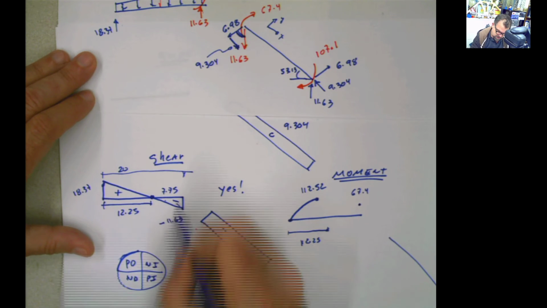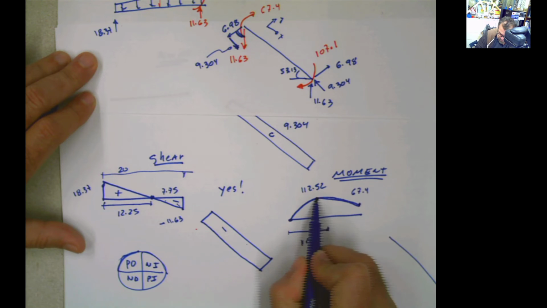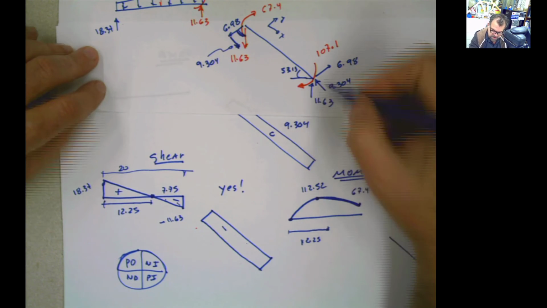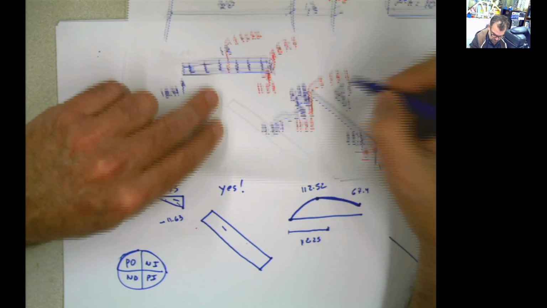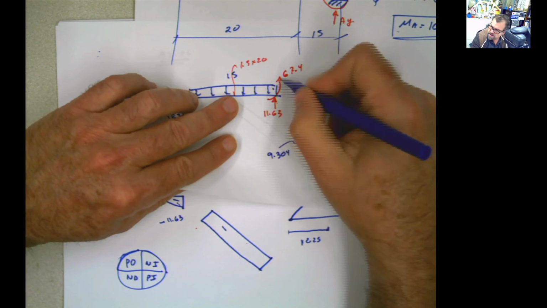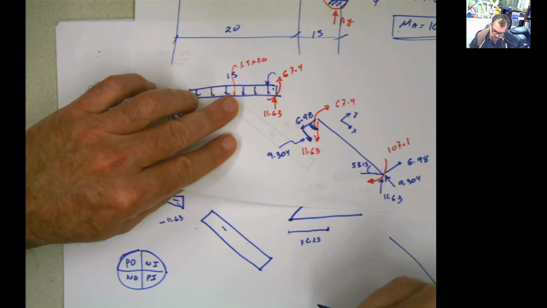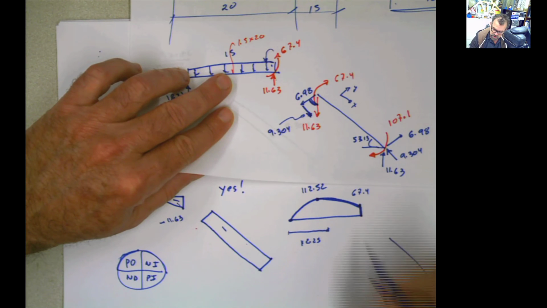Negative increasing, like that. Now we go to this point, and as you can see, this is the moment that we have, and it's coming in this direction, meaning this is going to close like that, 67.4, pushing it down to 0.